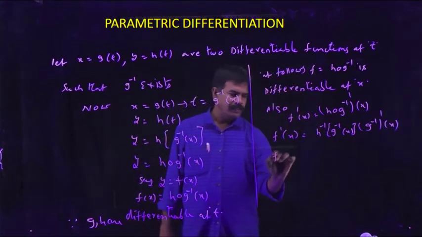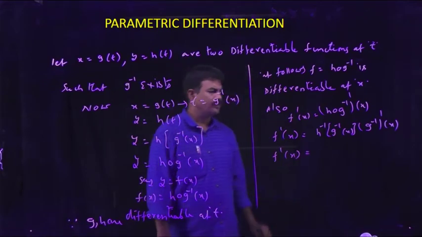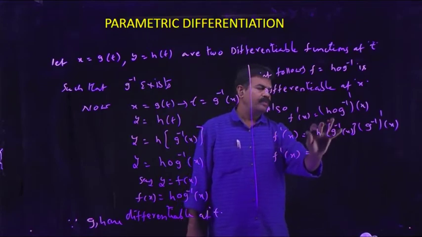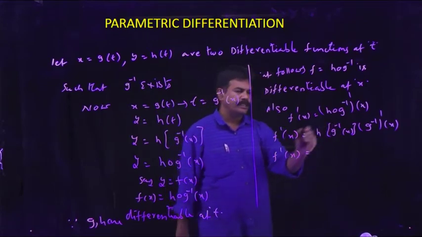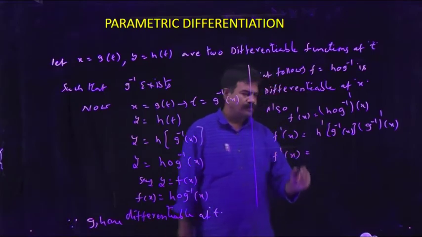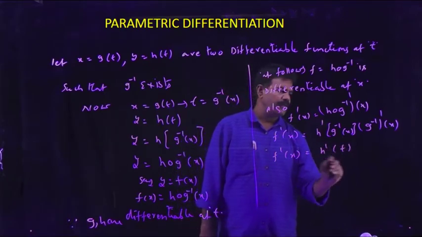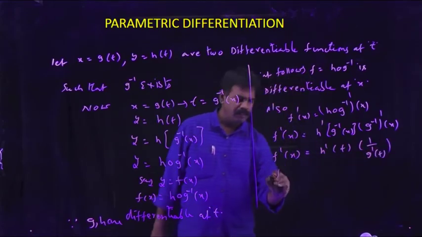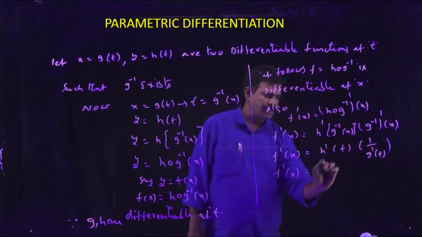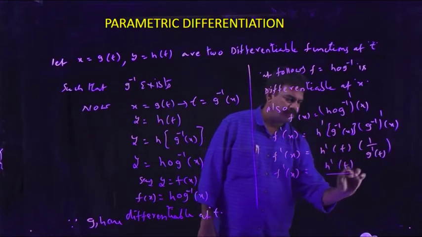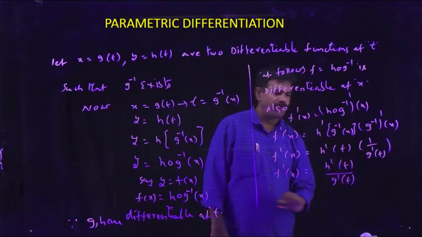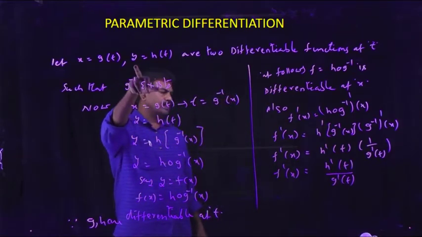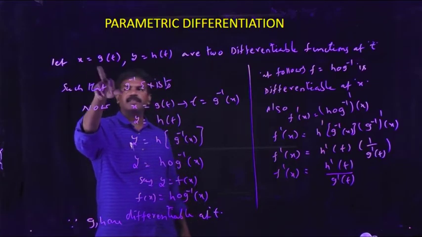We write f dash x is equal to h dash of t into 1 by g dash of t. That is f dash x is equal to h dash of t by g dash of t. From given, h of t is equal to y, that is g of t is equal to x.